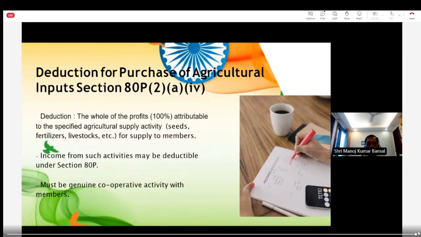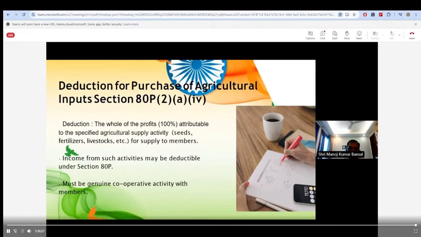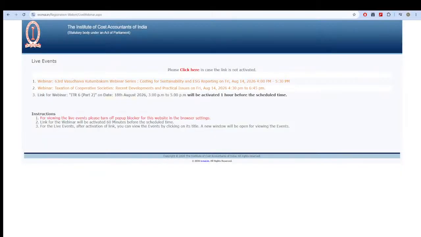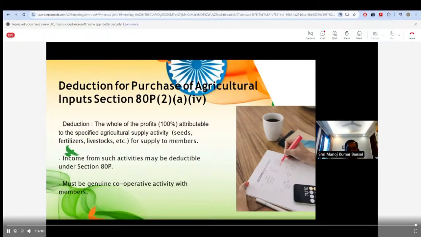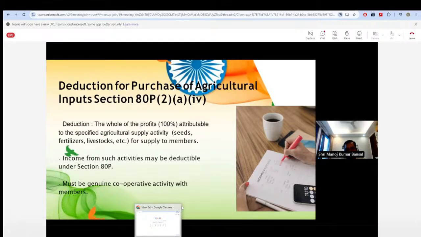If purchases are made in the interest of the members, which are supplied and utilized by the members, in that case the deduction is available, and 100% profit is exempt from tax under section ATP2A4. Income from such activity may be deductible under section ATP. It must be genuine cooperative activity with members.